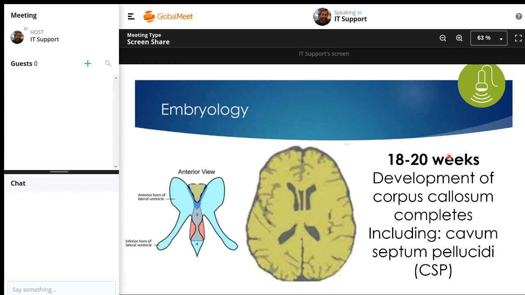So if someone were to come in for an early fetal survey before 18 weeks, we may not see this area, which is really important to see when we're doing a fetal survey to make sure that the brain's developing the way it should. So we really shouldn't be doing a fetal survey before 18 weeks unless they're coming back for a follow-up.